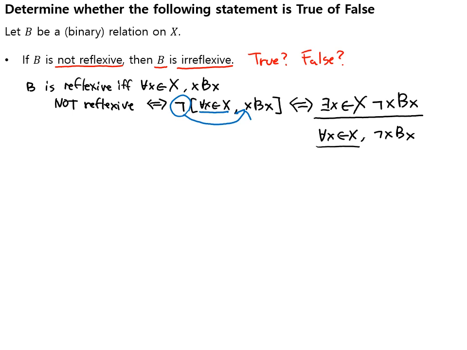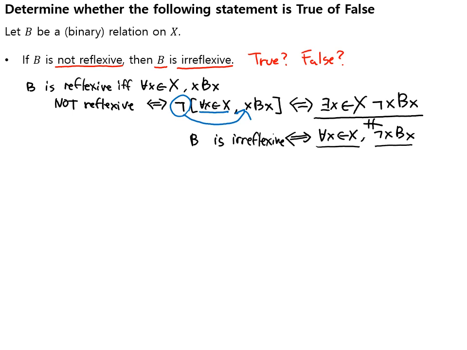So the first statement, the one written in the antecedent, simply says that there exists an element that is not related to itself, whereas the second statement uses a universal quantifier and says that all elements are not related to themselves. These two are different, and the second is the definition of the binary relation being irreflexive.